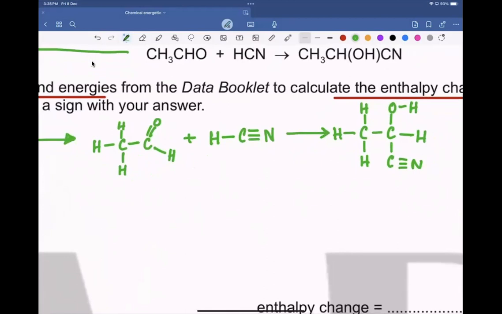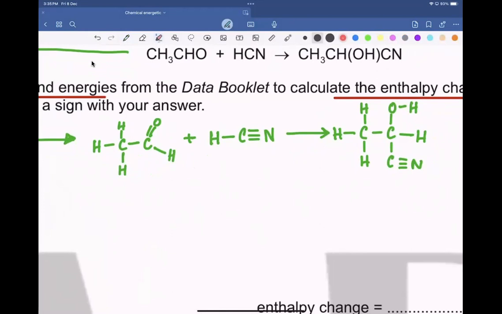Now you are observing all the bonds which are in the reactants and in the product, right? So if you make this structure, then you are easily able to identify which bonds are broken and which bonds are formed.